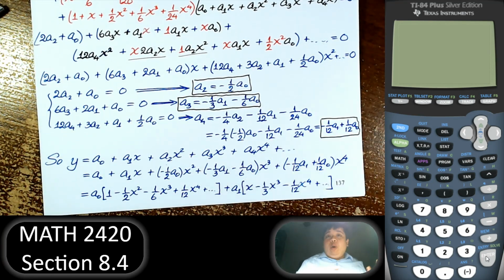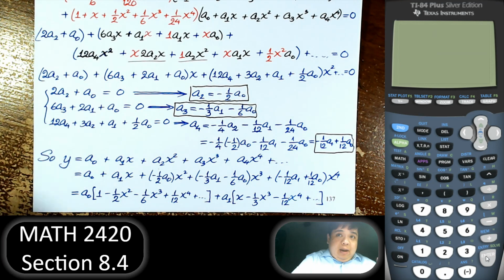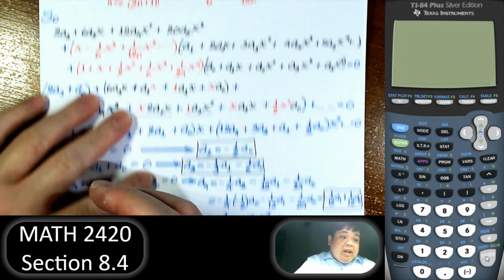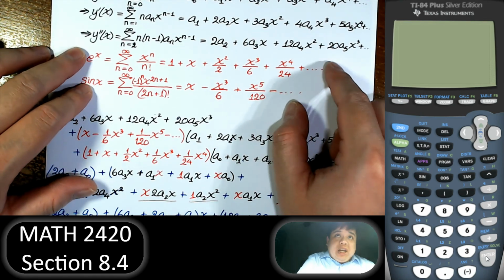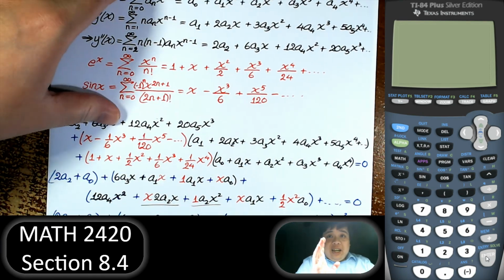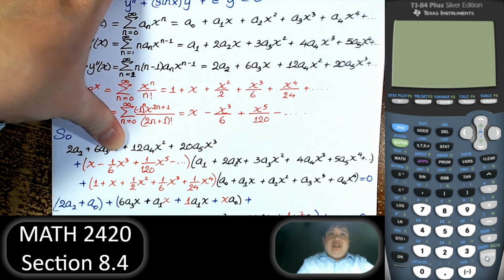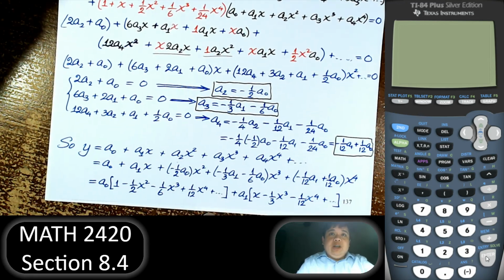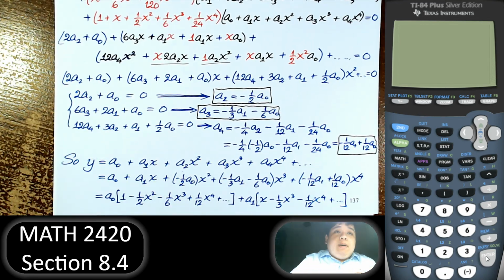And so the point in this section is that P of x and Q of x have to be analytic, meaning that we can write a power series representation for everything. And from there, we can solve like this for the solution. The key point here is the point has to be an ordinary point, so there will be a power series representation.